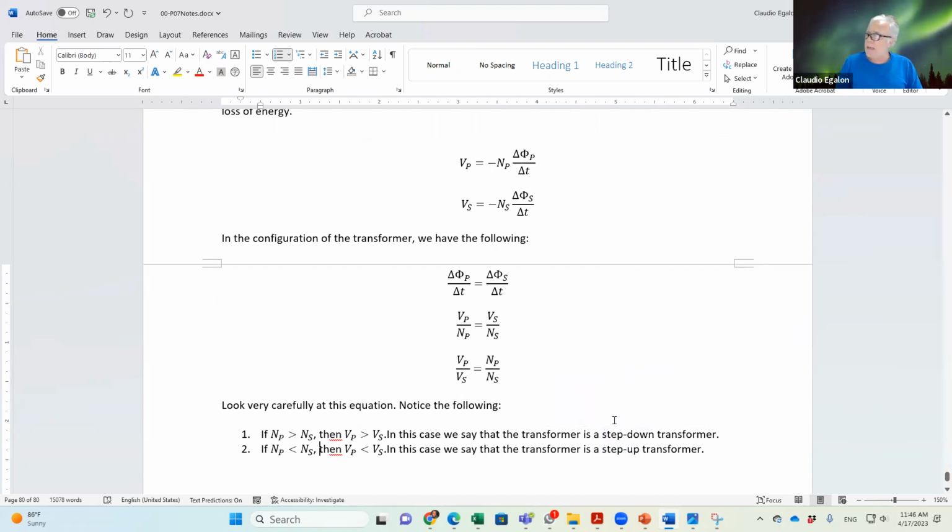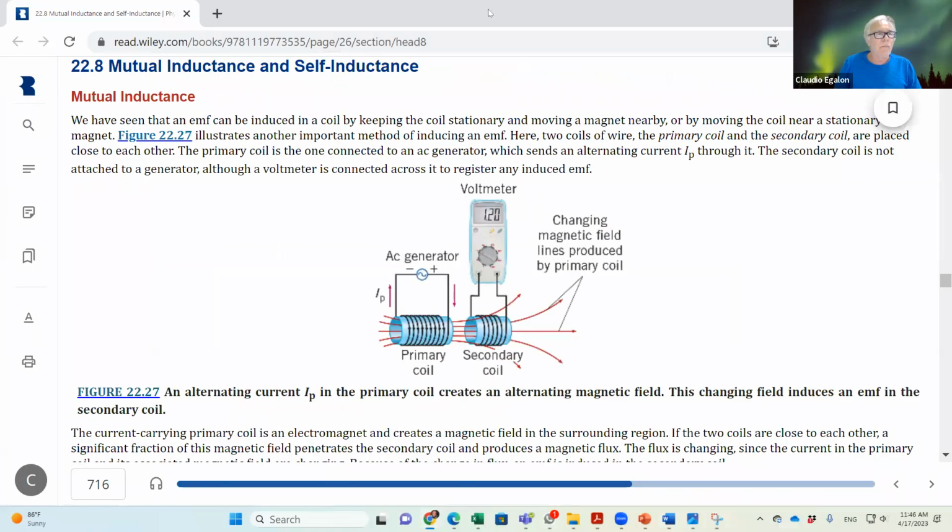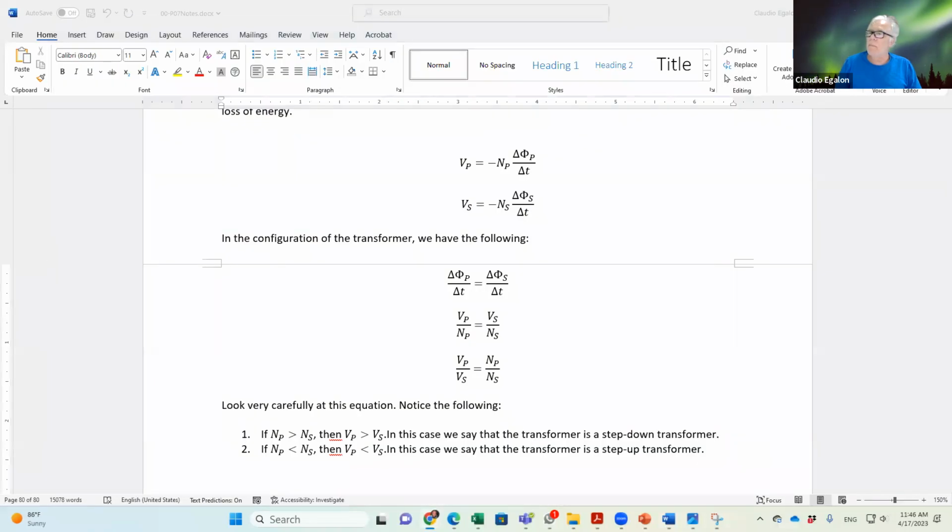Let's do some numeric examples so you can understand that better. So you can see the numbers, right? Instead of just the letters.